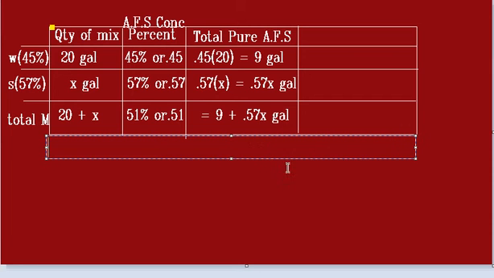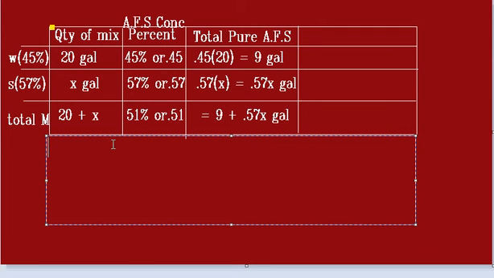So the total quantity of the mixture, 20 plus x, if that is multiplied by 51% or 0.51 of the anti-freeze solution, it will result in this value.